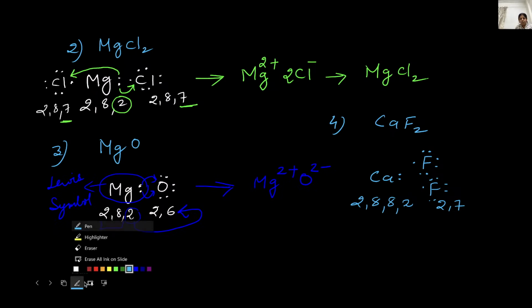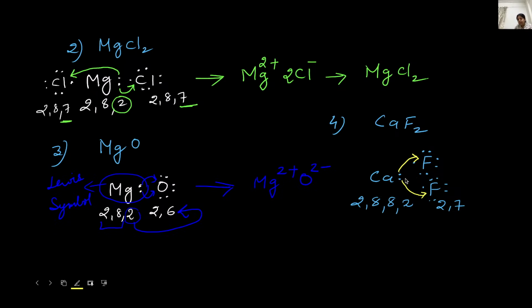How will they form the bond here, students? How will the formation of bond be there? See, one extra electron is lost by calcium to a fluorine atom, that is, there is a transfer of one extra electron from calcium to fluorine, and there is a second transfer of electron to another fluorine atom.